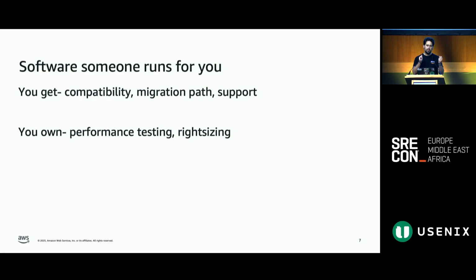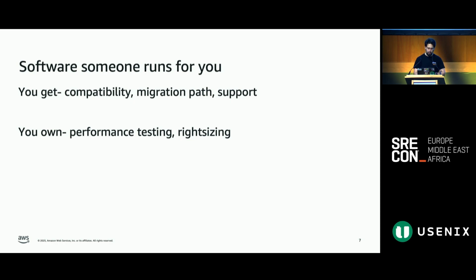And someone is going to support you in case you have any issues, right? The things that you are still going to own in this kind of place are performance testing and right sizing, right? So if you see better performance, you might want to switch to a smaller VM or fewer VMs, right? Or fewer instances running in that service.